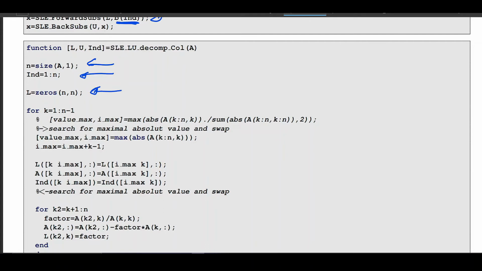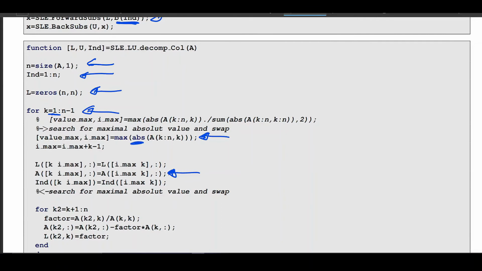Last time we used the identity matrix to start with, but we need to put the ones onto the diagonal in the end. Okay, now we run our for loop, and now we will find out which is the largest element in the first column in the first run of that for loop. Then we will swap the first line of A with the line holding the largest entry of the first column. But don't forget the abs.